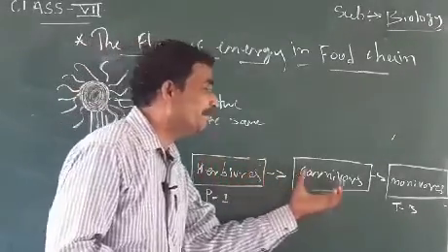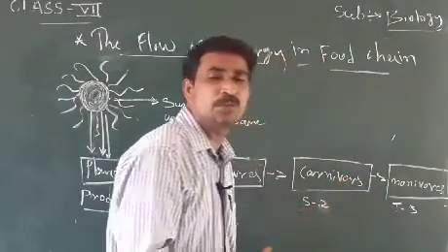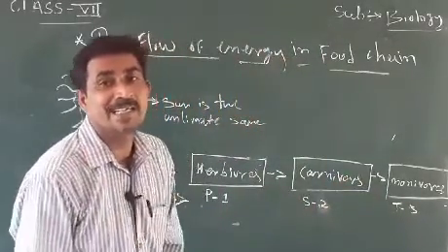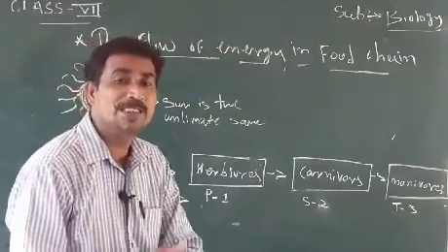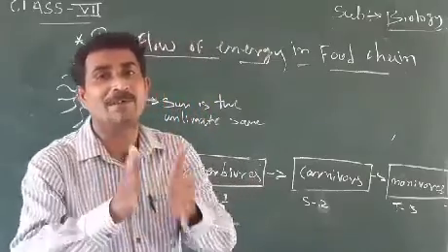Then carnivorous animals depend upon the herbivorous. Carnivorous we call S2, the secondary organisms, which do not eat plants. They depend totally on animal flesh.